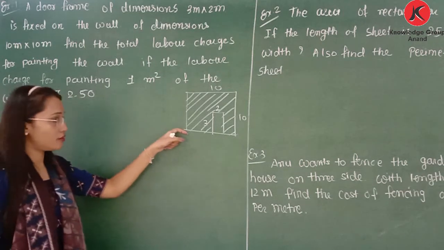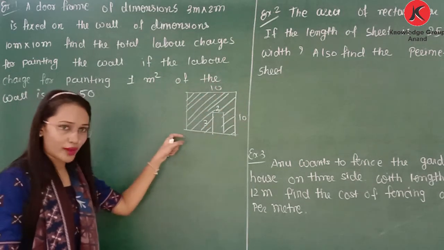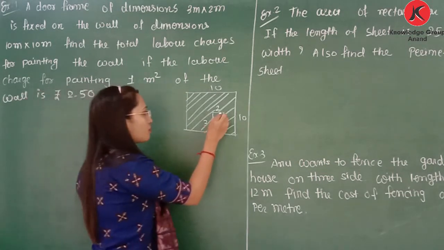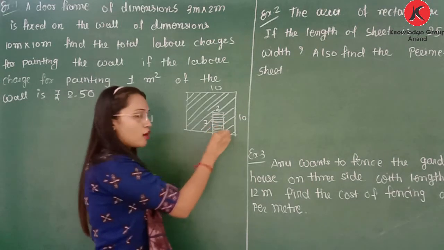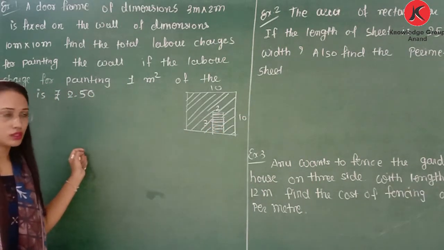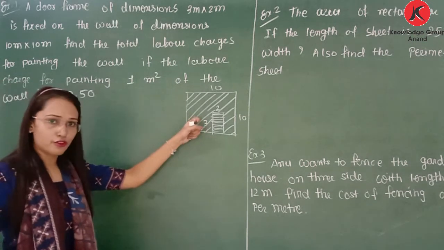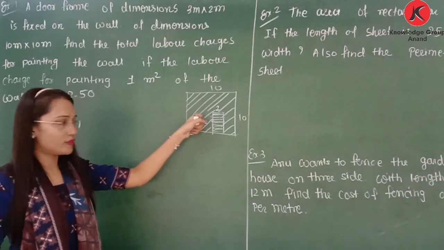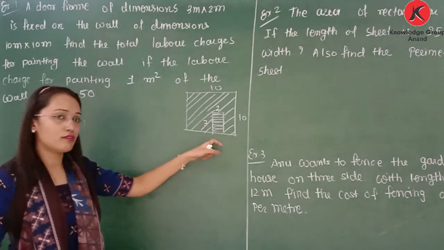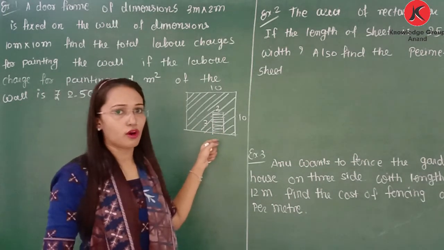Here first of all we will find the area of the wall, and from that we need to subtract the area of the door, because we are not going to color the door. Clear? So first the area of the wall, and from that we subtract the area of the door, and whatever area remains, we get the price for that.